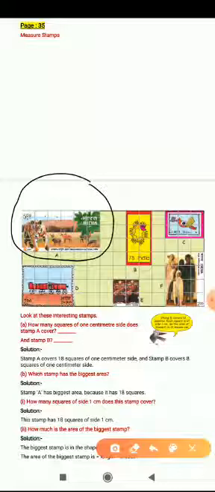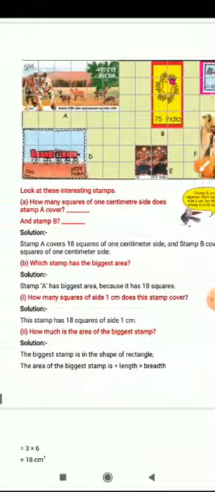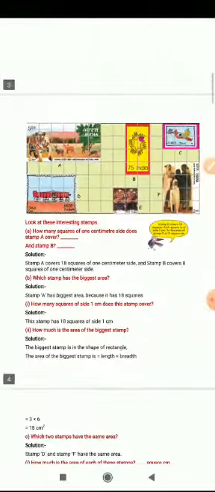Now we have to find out for stamp B. So let us count for stamp B. 1, 2, 3, 4, 5, 6, 7, 8. So there are 8 squares of 1 centimeter side in stamp B. Now let's move forward. Which stamp has the biggest area? Among all these stamps, which has the biggest area?